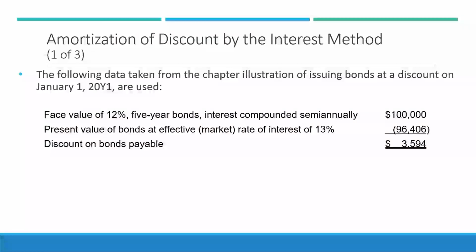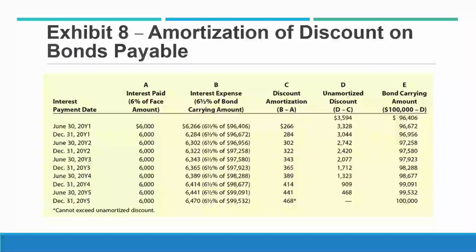And for this example, we have a 12% 5-year bond issued at a discount because the market rate of interest at issuance was 13%. And the amortization is going to go as follows every 6 months for the entire life of the bond.